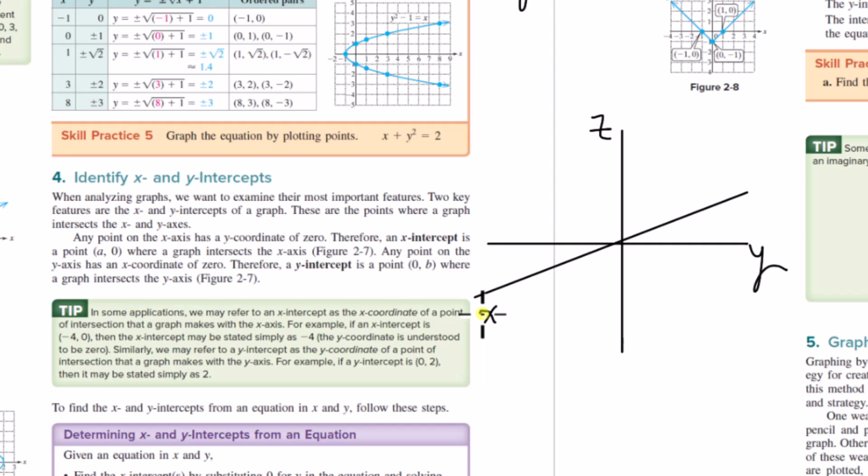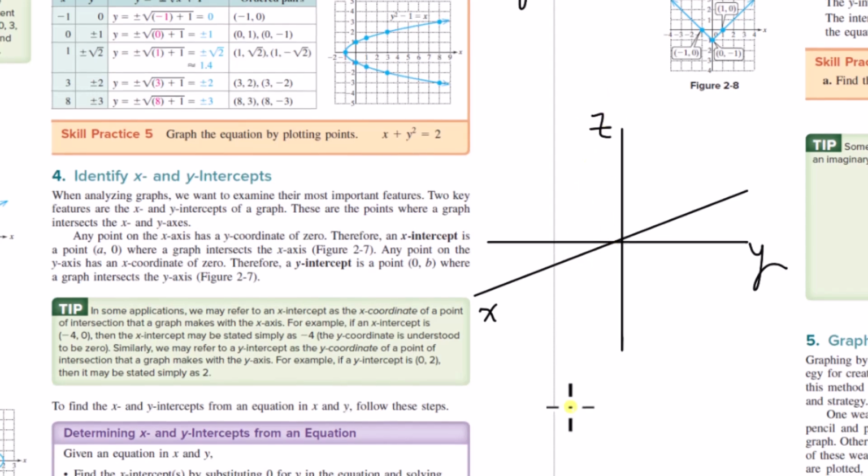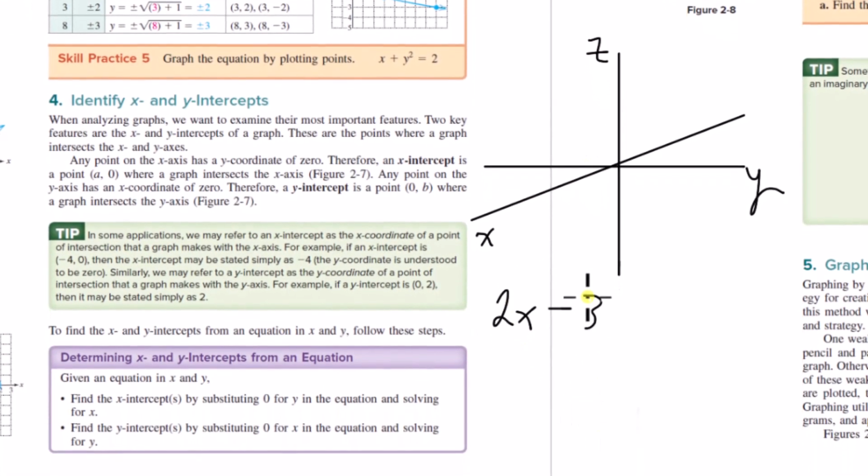No matter where you are, z is 0 and y is 0. If you're on the y-axis, no matter where you are, x is 0 and z is 0, and same with the z-axis. And you can extend that to any number of dimensions.